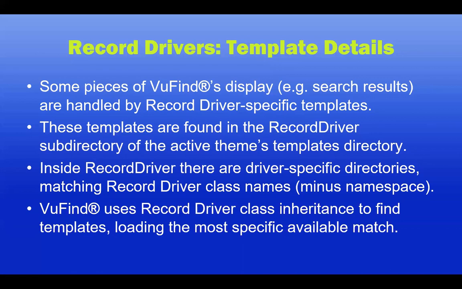There is the default record search result template. That's what's going to end up getting used. So again, understanding these relationships between the templates and the classes and the ability to override is useful both to find the things that you want to customize and also to override things at the right level of specificity.